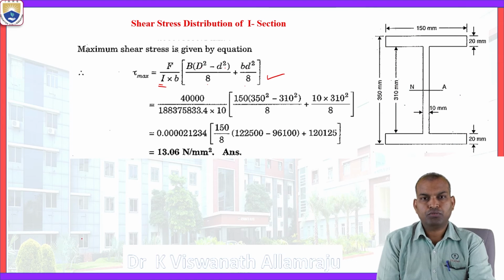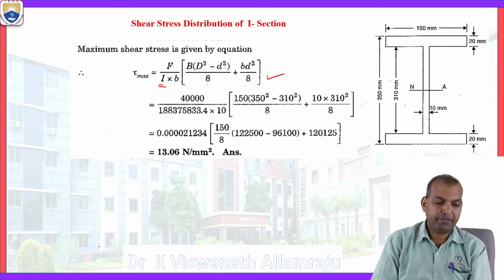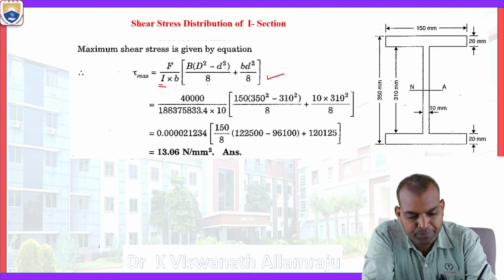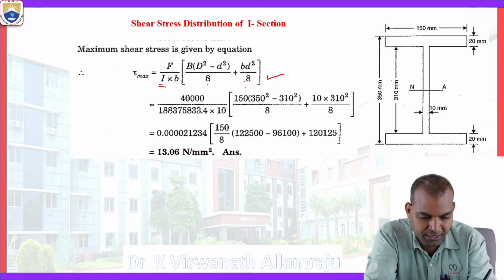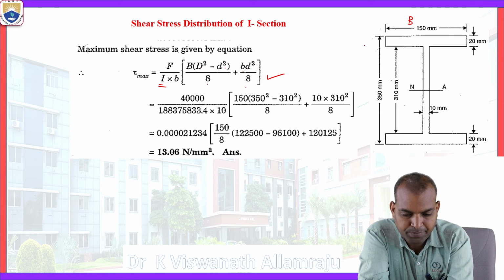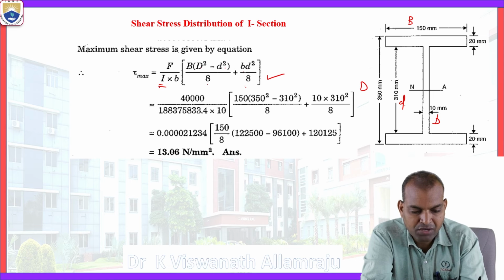Now we know the equation for maximum shear stress for the I section. We derived before that maximum shear stress tau equals F by IB times capital B, capital D square minus small d square by 8 plus small b d square by 8. Here substitute capital B equal to 150, capital D is 350, small d 310, small b 10 millimeters, and the calculated I value.